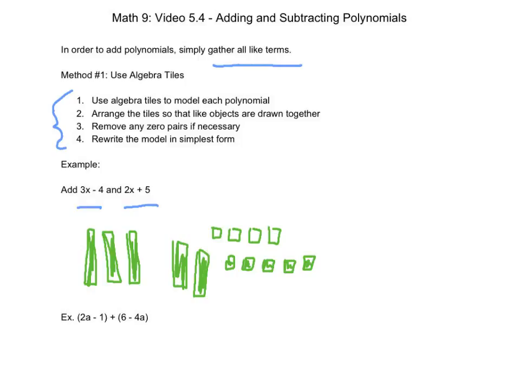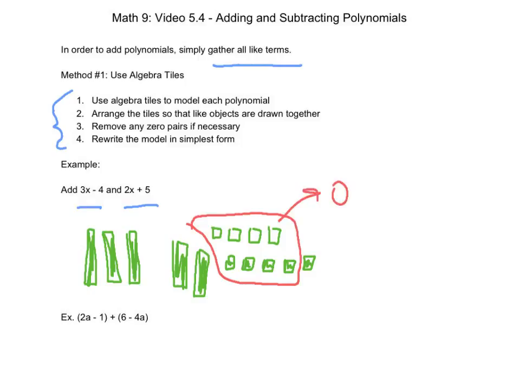Okay. If we go back to our steps, step number 2 says arrange the tiles so that the like objects are drawn together. So that's what I did here. Then you're going to remove any zero pairs if necessary. So we can see that there are both negative ones and positive ones. There are 4 negatives and 4 positives.